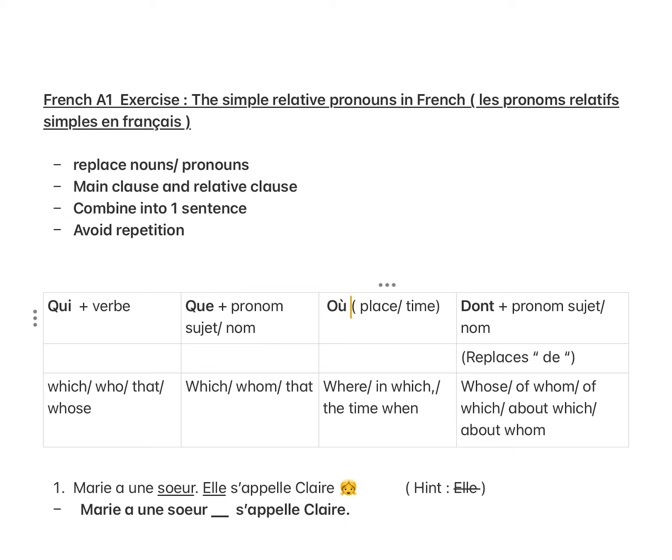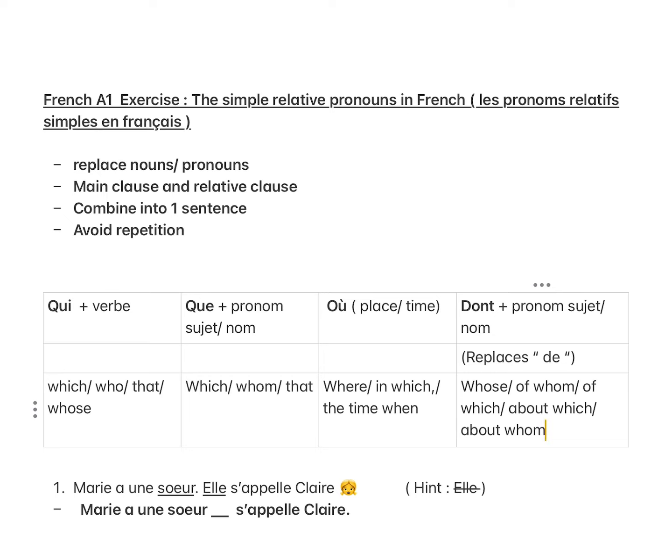Then we have où, which means where, in which, or the time when. So basically, when it comes to using où, it deals with sentences where there is place or where there is time. And in the end we have dont, which means whose, of whom, of which, about which, or about whom.